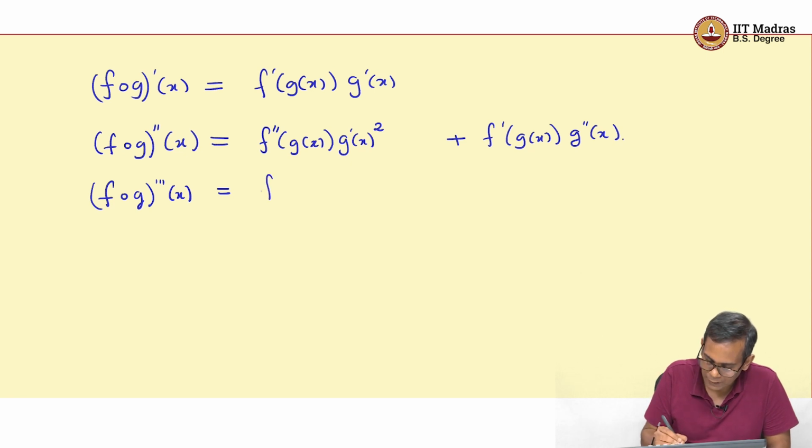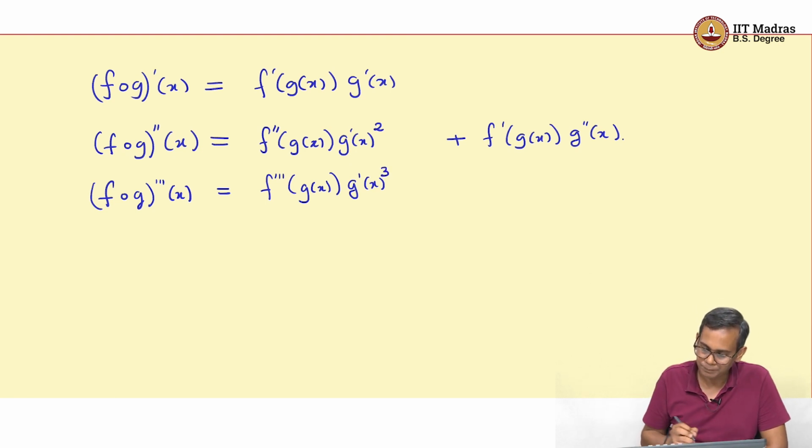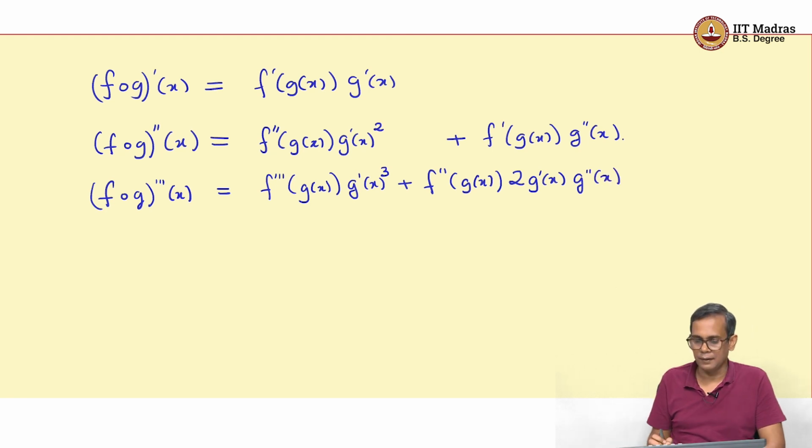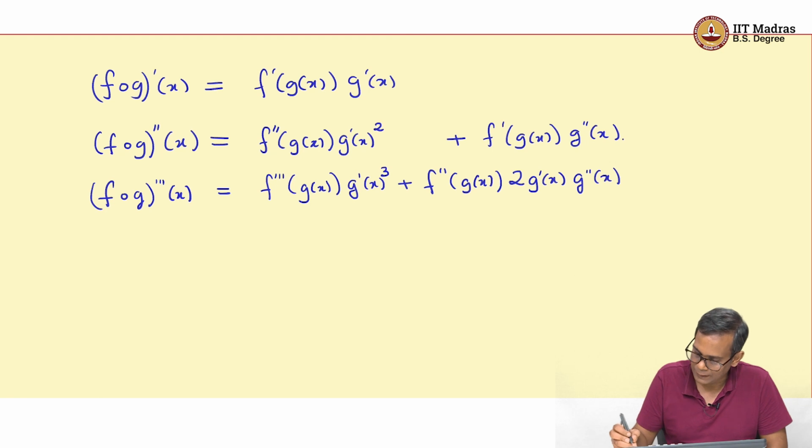If we differentiate the first factor, we will get f third derivative of g of x times g prime of x, and now we get the cube of g prime of x because of the chain rule, another factor of g prime of x comes out. And then we have f double prime of g of x, and we must differentiate the second factor. If you differentiate this, what you get is 2 g prime of x g double prime of x. Here we have used the chain rule again.